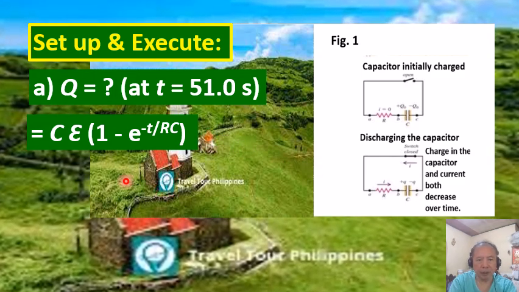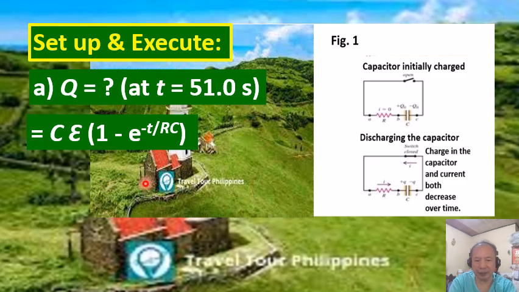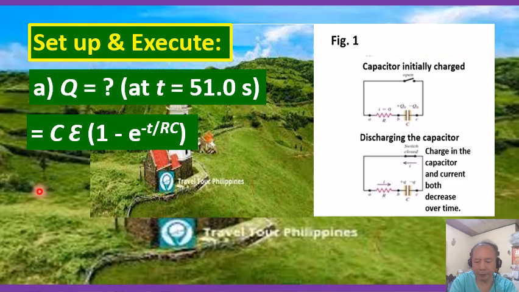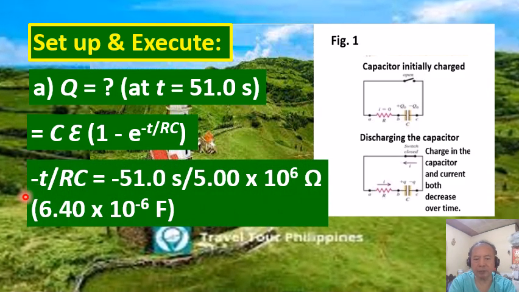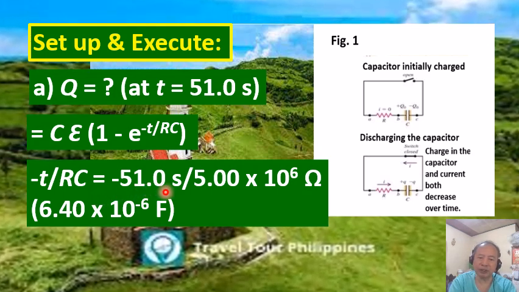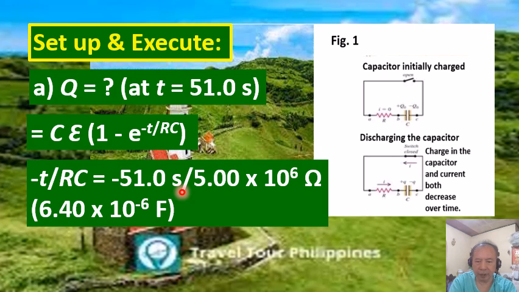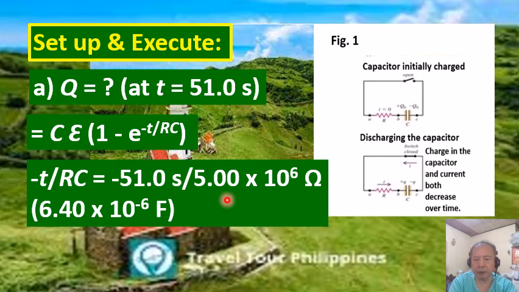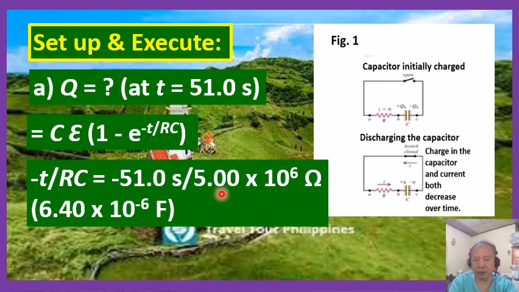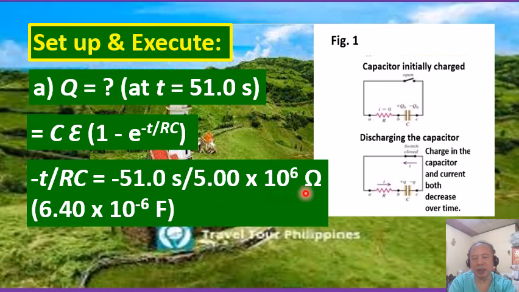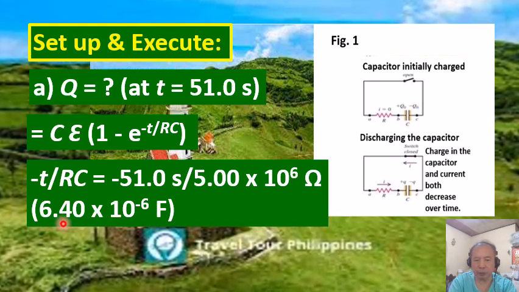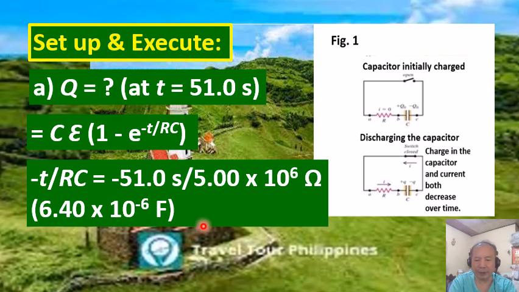Here, for clarity and for simplicity, we first determine the negative power of the Euler's number, that is, negative t over RC, which is equal to negative 51.0 seconds divided by the product of capital R and capital C. Capital R is equal to 5.00 times 10 to the 6 power ohms, while the capacitance equals 6.40 times 10 to the negative 6 farad.